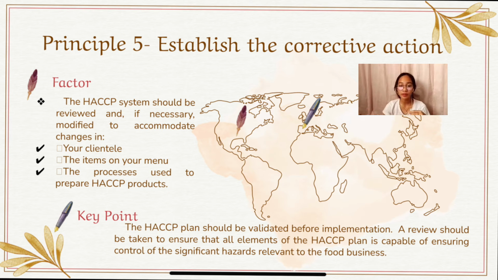Any changes having a potential impact on food safety require a review of the HACCP system, and when necessary, a revalidation of the HACCP plan. Verification activities include the application of methods, procedures, tests, and other evaluations.